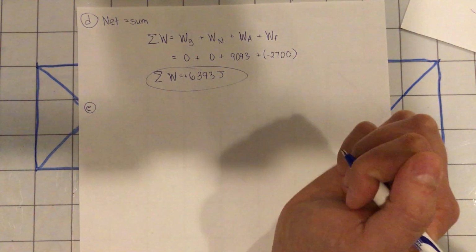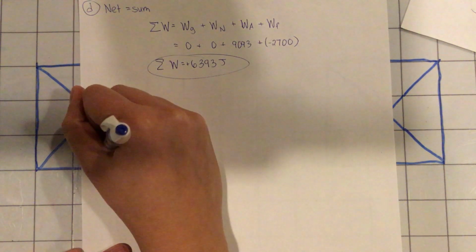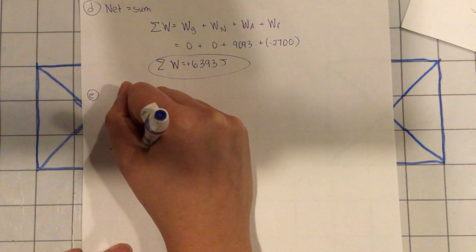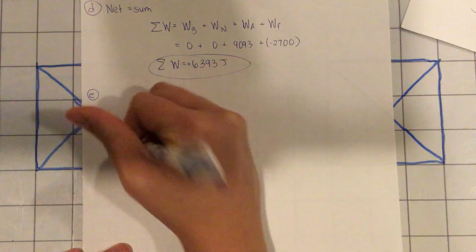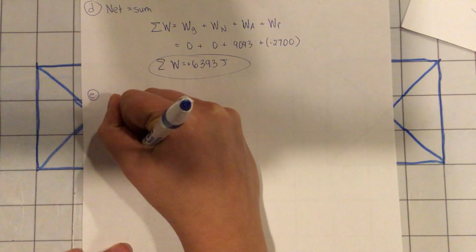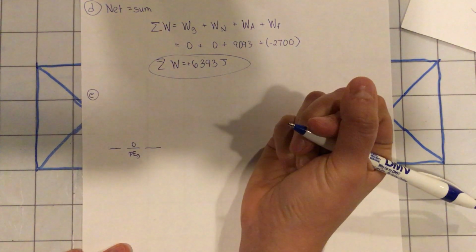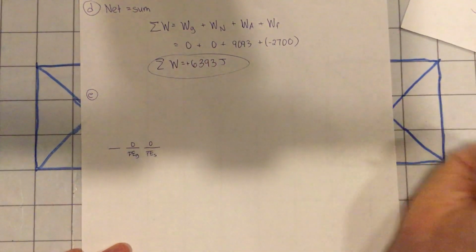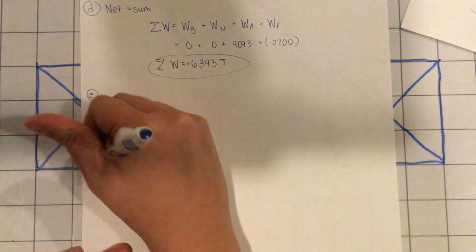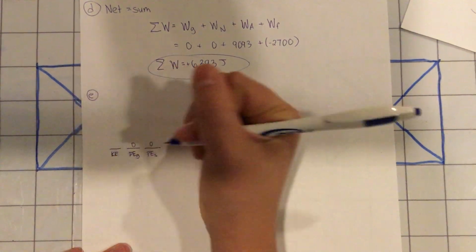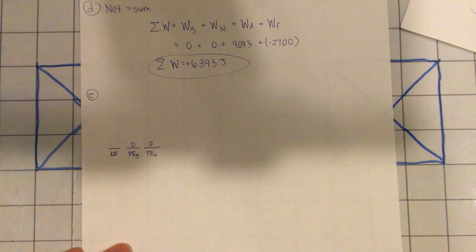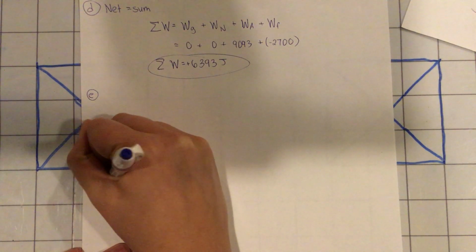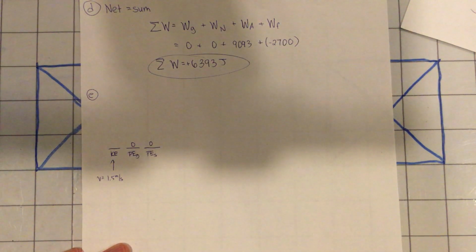Now, I was kind of mean in this problem. When we're going to draw the initial kinetic, potential gravity, and spring, there's obviously no gravity to start because it's on the ground. Obviously no spring, but I was a little bit tricky on the initial kinetic energy because I mentioned the initial speed is 1.5 meters per second.